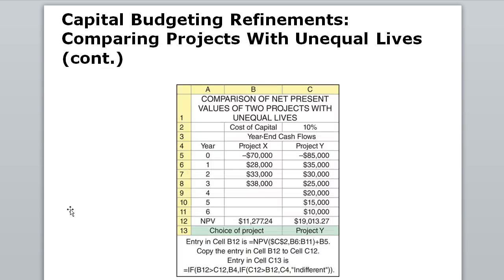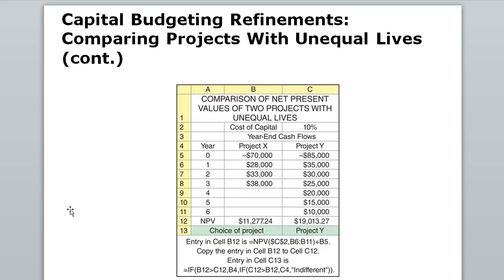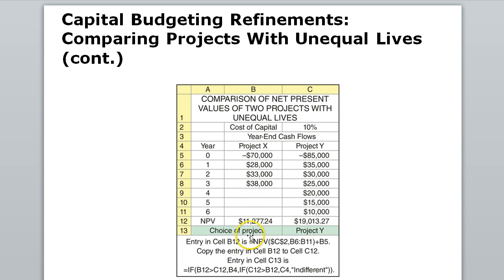The cost of capital here is 10%. So if we actually did the net present value of both projects separately, we get 11,000 and 19,000 as the net present value for the two projects.